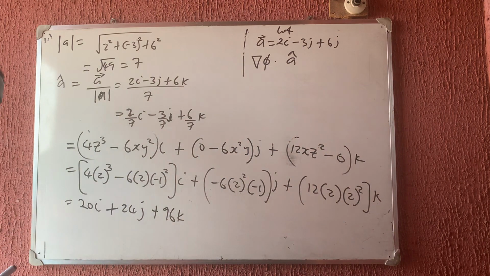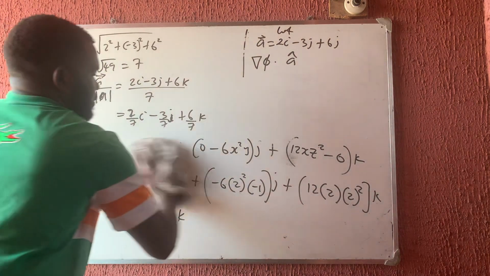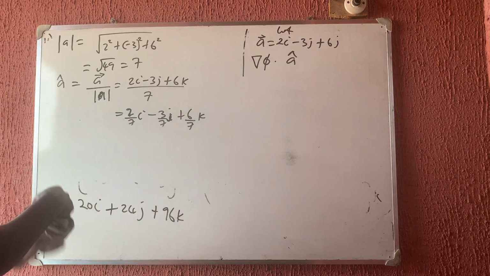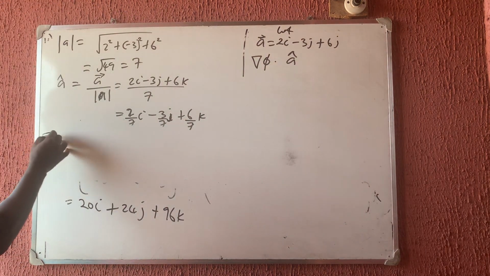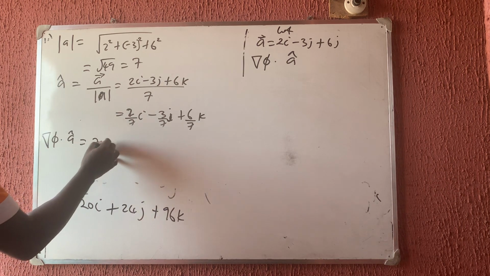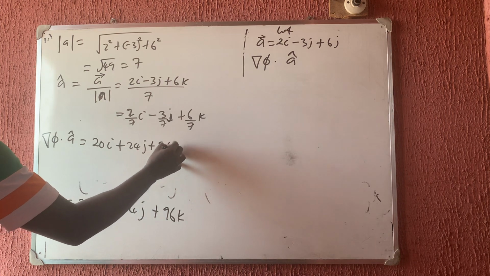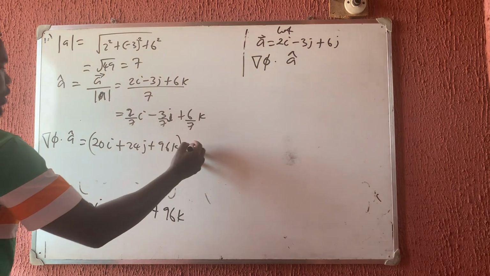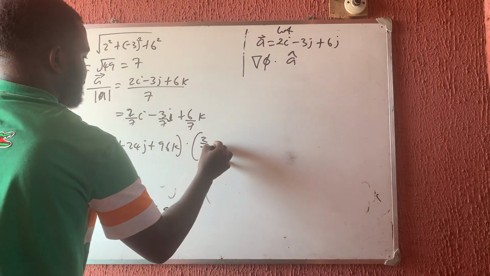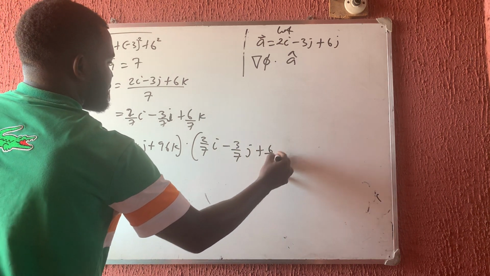So what we are asked to do is just to find the dot product of the two of them. Okay, so now finally we have this dot this, which will give you 20i plus 24j plus 96k, dot 2 over 7 i minus 3 over 7 j plus 6 over 7 k.